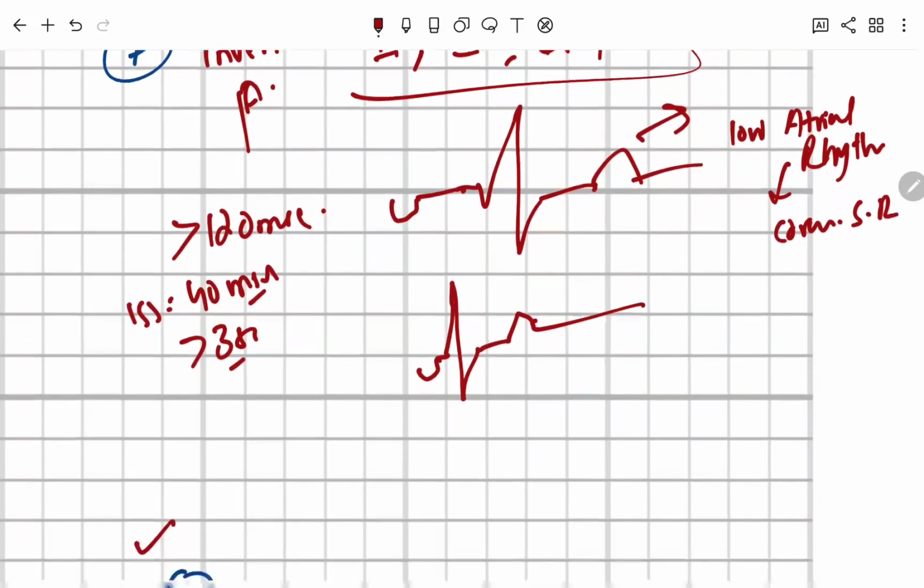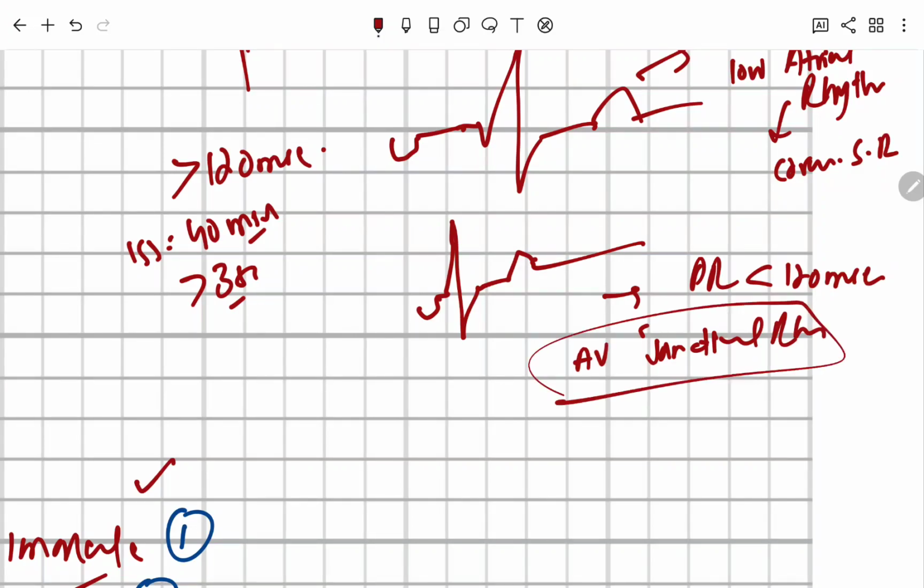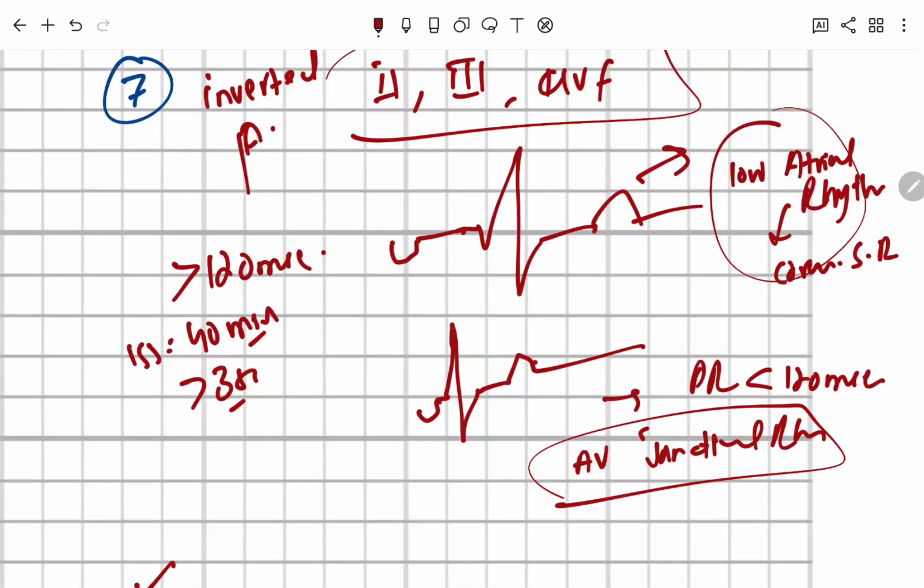And when the PR interval is short, less than 120 milliseconds, we're going to call it junctional rhythm, or AV junctional rhythm. So we have two differentials when we find inverted P waves in inferior leads.